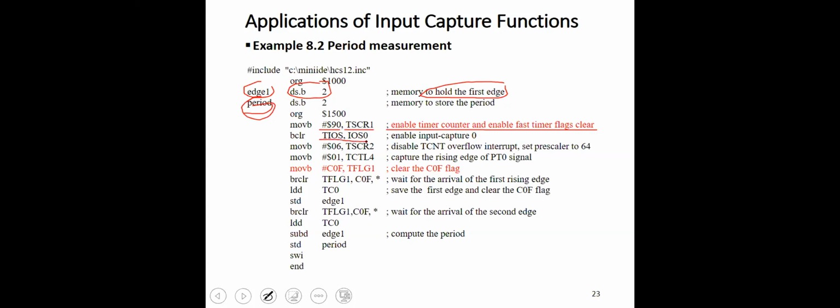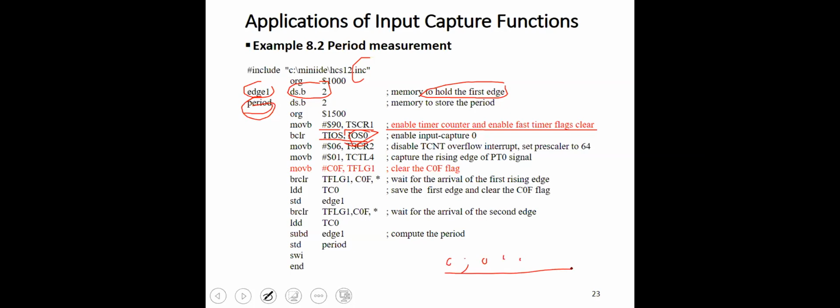Enable input capture on channel 0 by writing bit clear TIOS in this register, IOS 0. What is IOS 0? Basically, it is a value that is defined as an equate statement in the include file. And basically, it should be what? This is kind of a mask. What is the value? 0, 0, 0, 0, 0, 0.